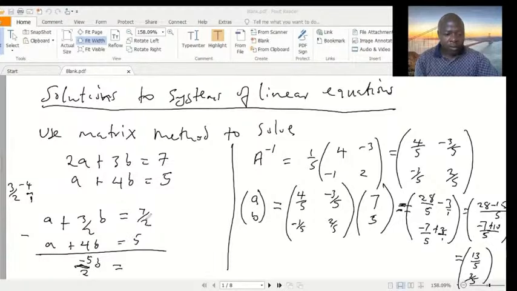And this would be equal to 7 out of 2 minus 5 out of 1. So the LCM again is 2. And this would be 7 minus 10, which would be negative 3 out of 2.